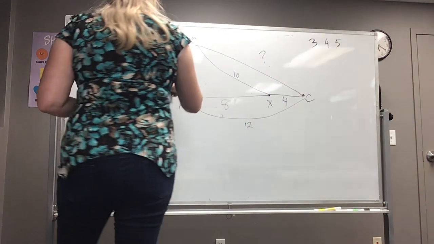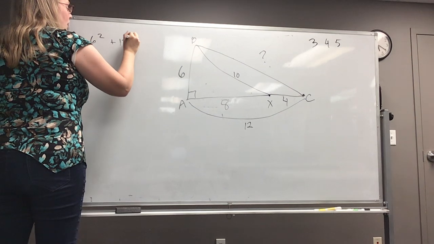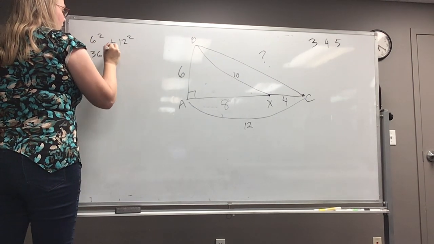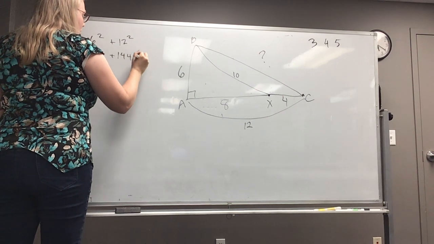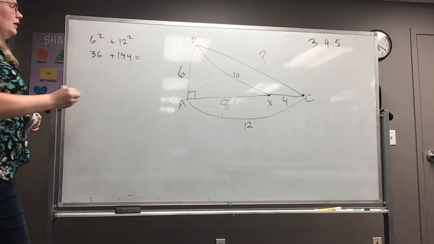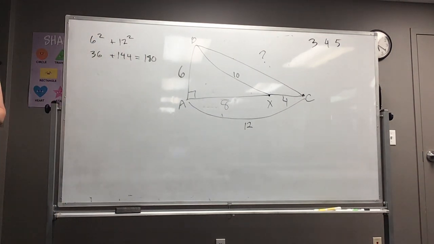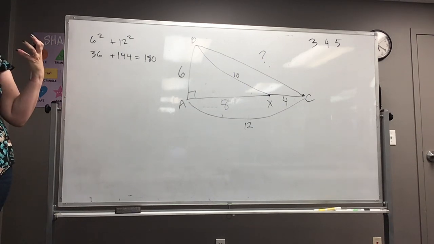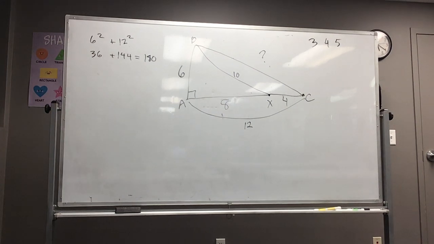So here we are going to have 6 squared plus 12 squared is 36 plus 144, which goes to 180. Nothing to do with angles at all, just a coincidence that it happens to have that number. Your brain kind of will get jarred for a second, but coincidences happen, so don't get distracted by that.